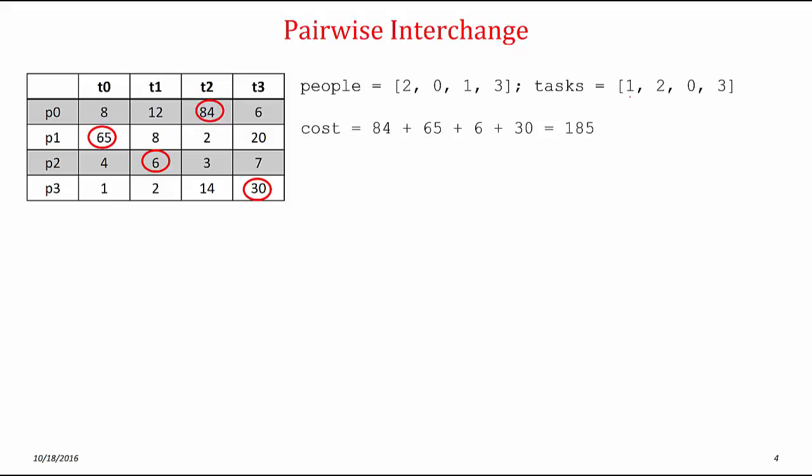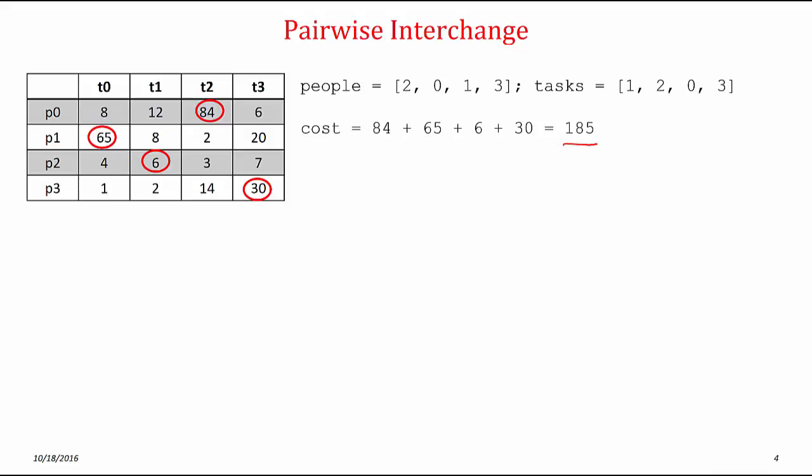So person 1 is assigned to task 0, person 2 is assigned to task 1, person 0 is assigned to task 2, and finally person 3 is assigned to task 3. And what we're interested in, in the general assignment problem, is the total assignment cost. We can get it by just summing up all the individual assignment costs. So this solution has a cost of 185.